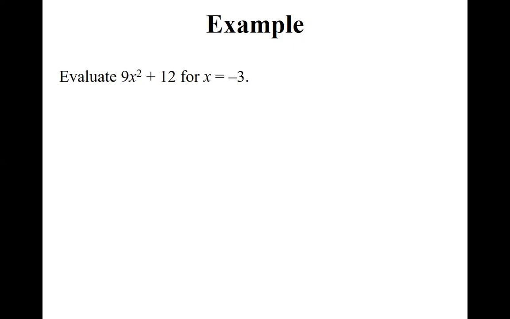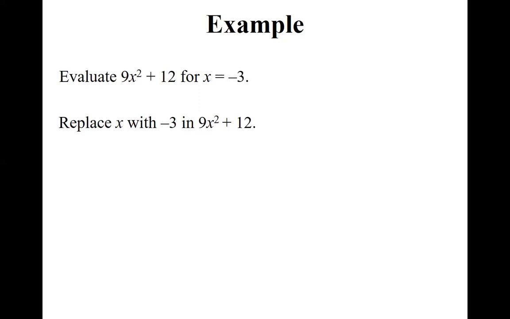Evaluate 9x squared plus 12 for x equals -3. Notice that it's the entire x that is squared. x is a -3, so it's going to be the entire -3 that's squared.